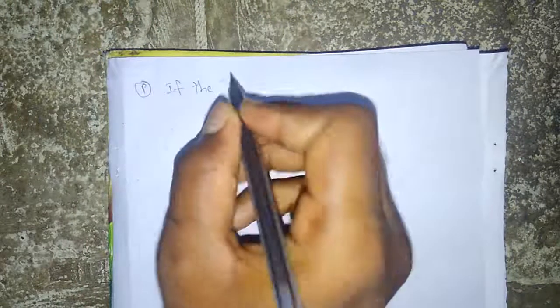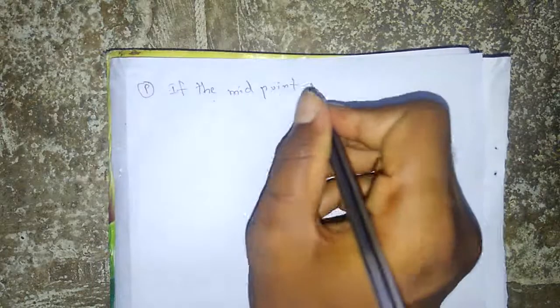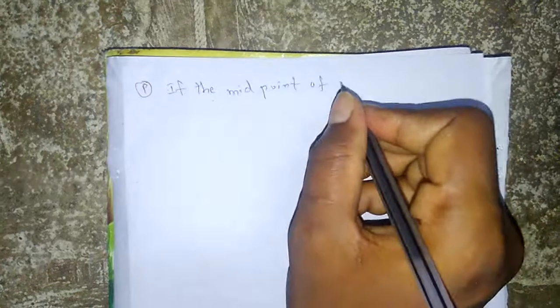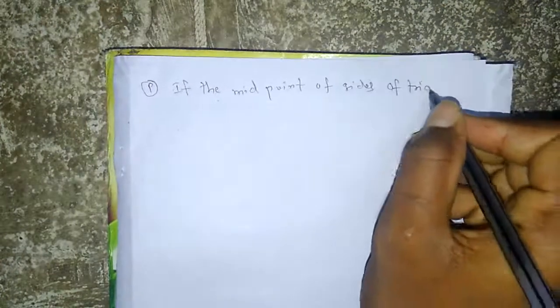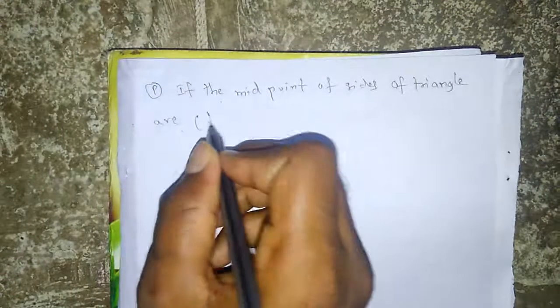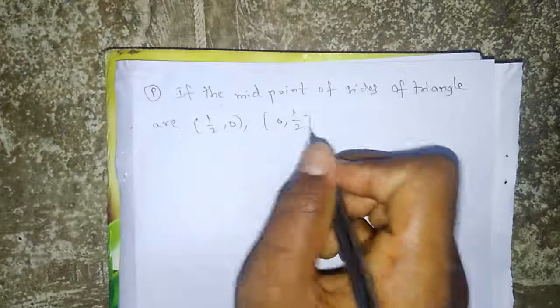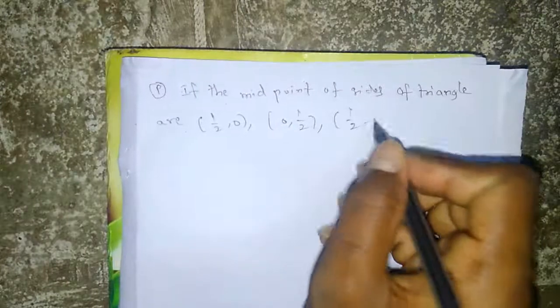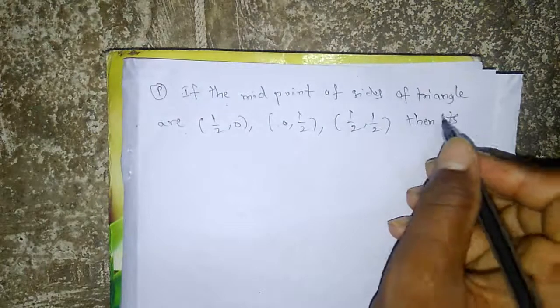Next problem is, if the midpoints of the sides of the triangle are 1 by 2, 0, 0, 1 by 2, 1 by 2, 1 by 2, then its circumcenter is?